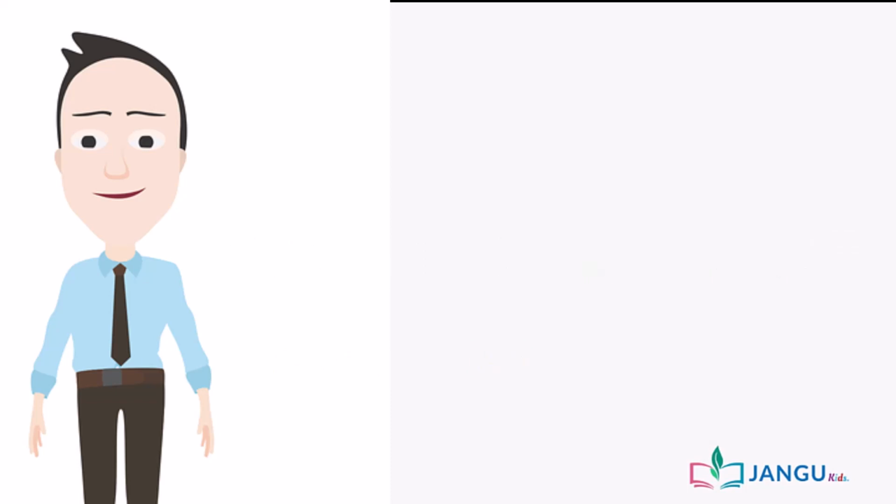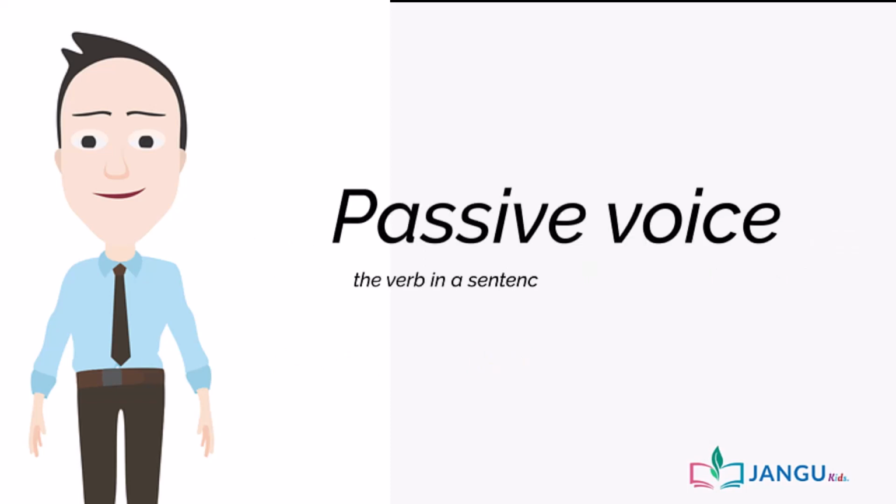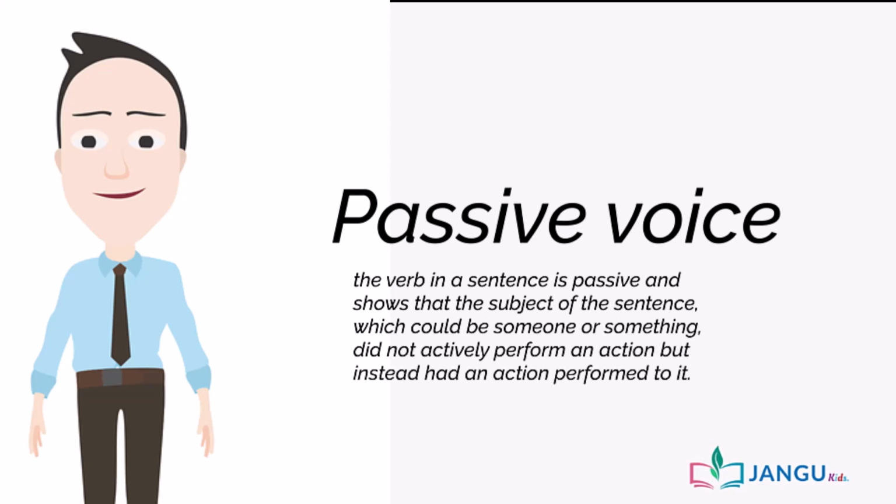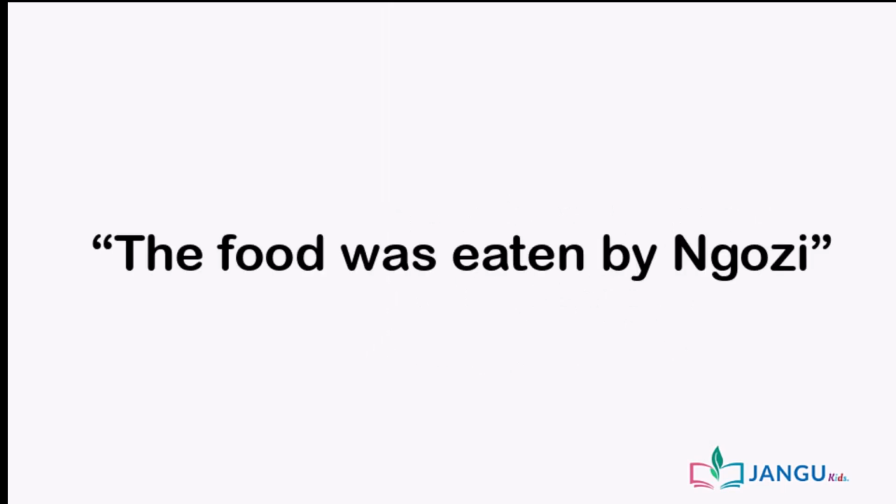On the other hand, passive voice is when the verb in a sentence is passive and shows that the subject of the sentence, which could be someone or something, did not actively perform an action, but instead had an action performed to it. For example, in this passive voice sentence, the food was eaten by Ngozi.